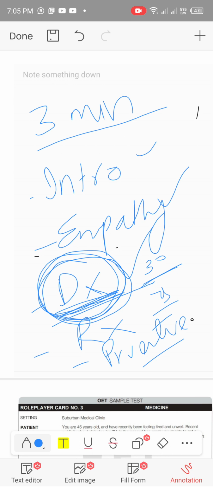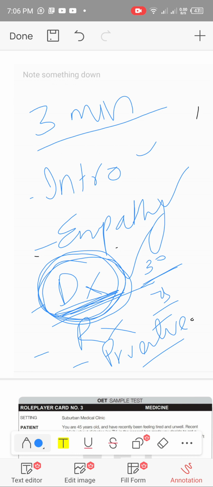How you are going to start your conversation, how you are going to show the empathy, how you are going to tell that there's a diagnosis in my cue card and I'm going to explain it in layman terms. Then how I'm going to tell the treatment and the preventive measures. This is how you're going to go.